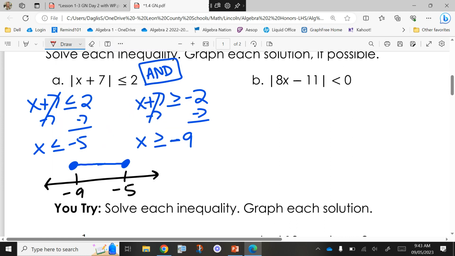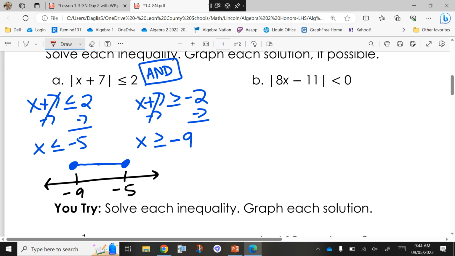Absolute value of 8x minus 11 is less than 0. Or would be if they go opposite directions. I like the way you're thinking, but you're just not thinking of the right thing. But there is something special about this problem, though. So 0 definitely should stand out to you. And what's next to that 0?